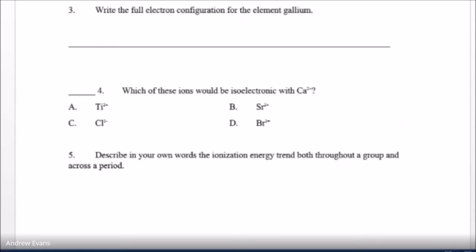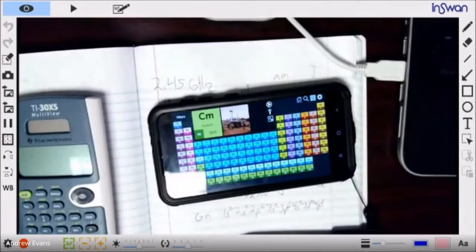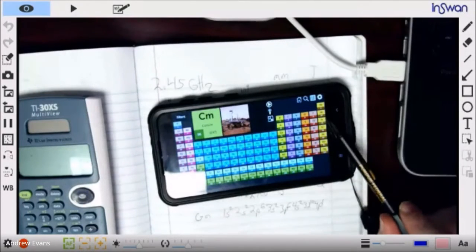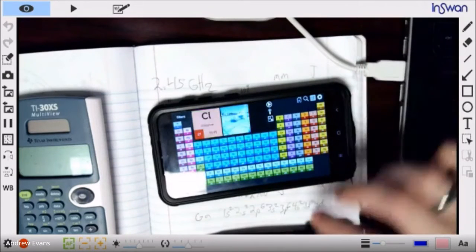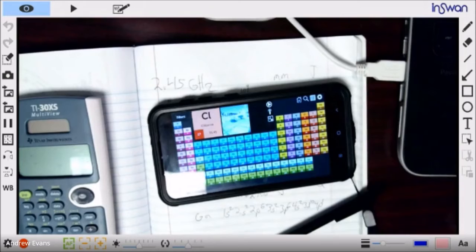Bromine 1- would be like a noble gas, but it would be the wrong noble gas. Only chlorine 1- would have argon. Only chlorine 1- would be moved over to argon. So the correct answer is chlorine 1-.